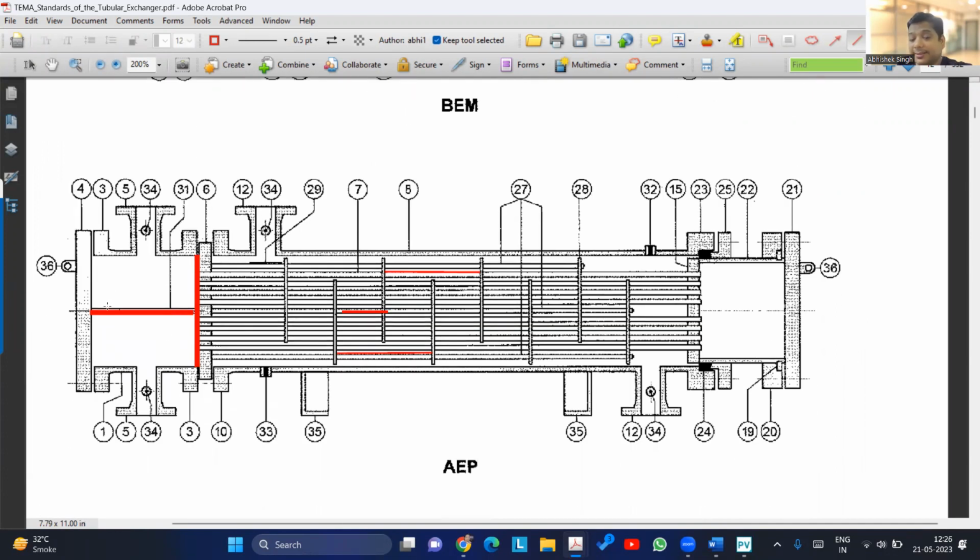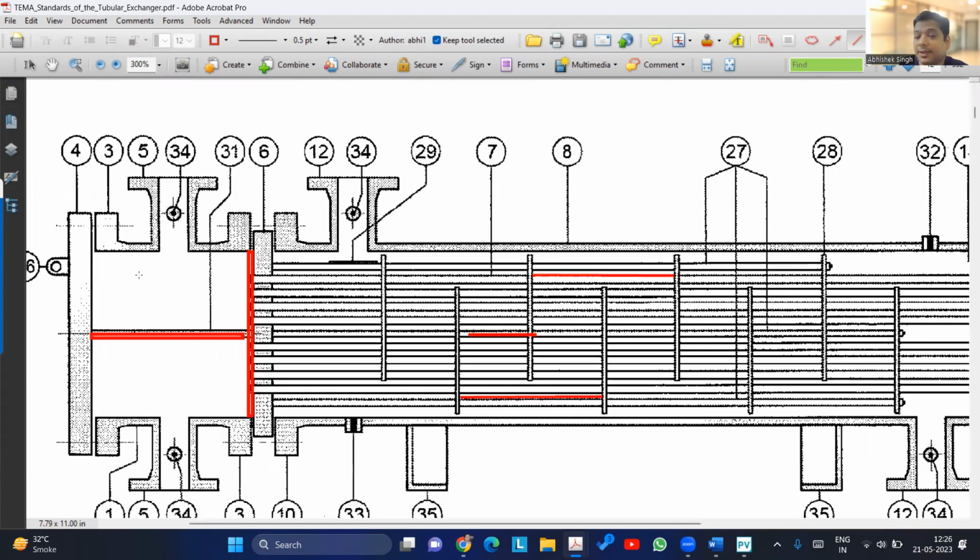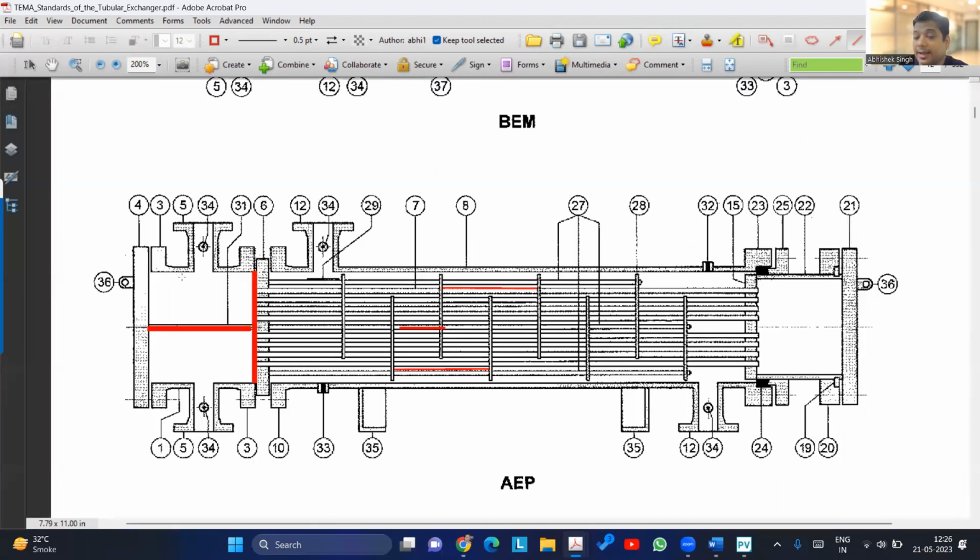Now let us see this case, and let us consider that it's not a cover type design, it's a bonnet type design. This vessel is having a bonnet, possible, right? A bonnet instead of cover. Now if I am doing hydro, I'll be checking this joint also, right?